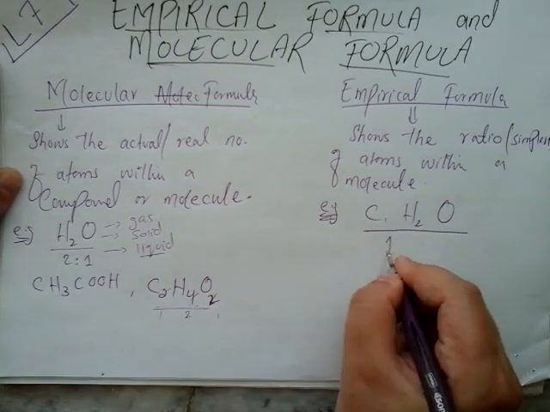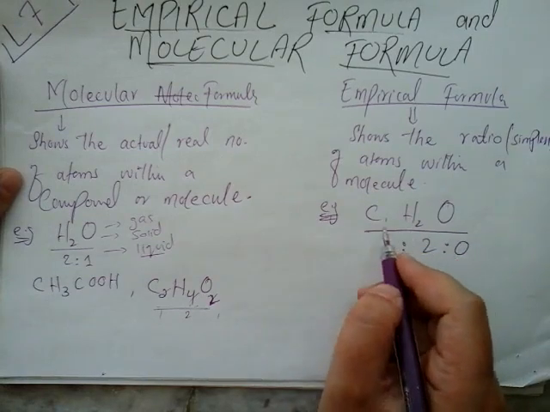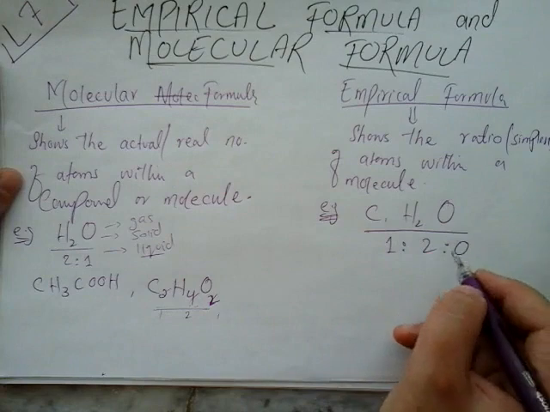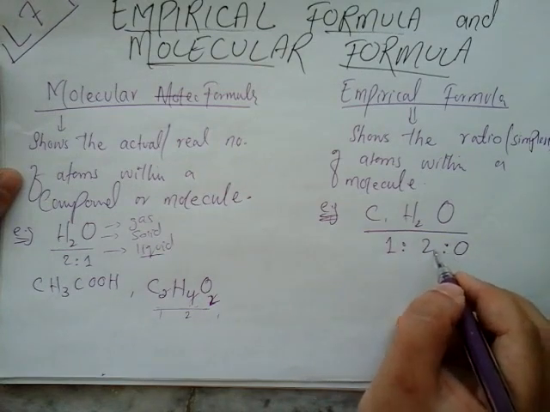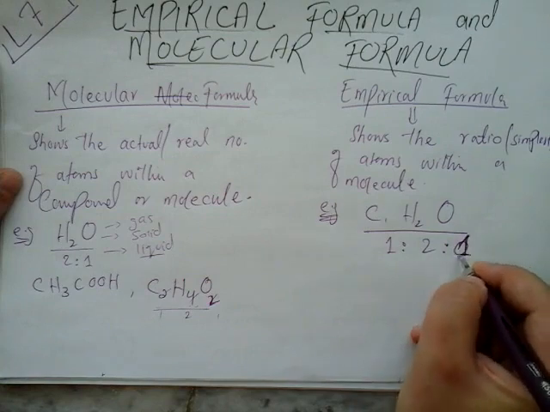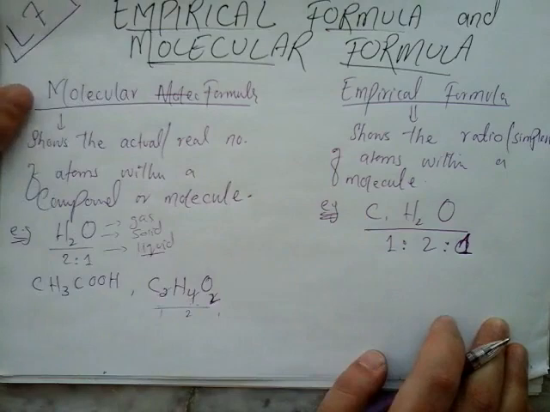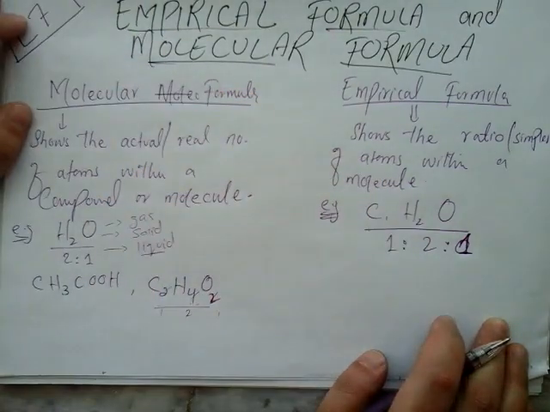The ratio would be 1:2:1, for all 3 elements, carbon, hydrogen and oxygen, the ratio of these 3 elements.